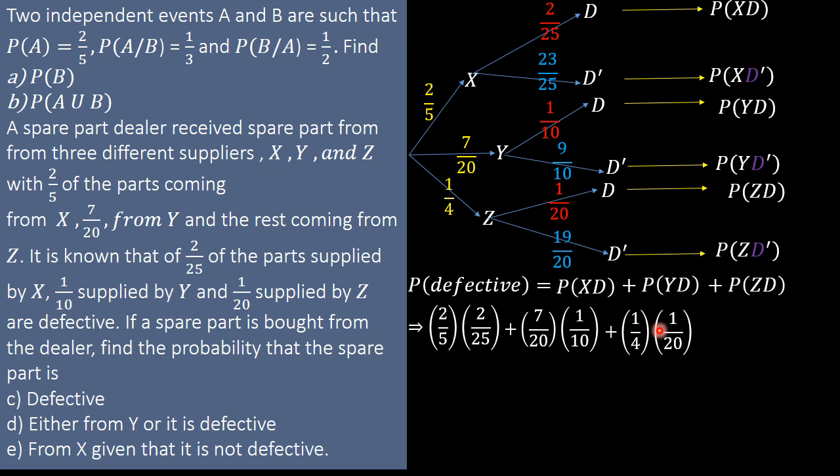Simplifying everything correctly, we get the answer 159/2000. Great, that's the answer in this exact form. So don't simplify and put your answer in decimal form.